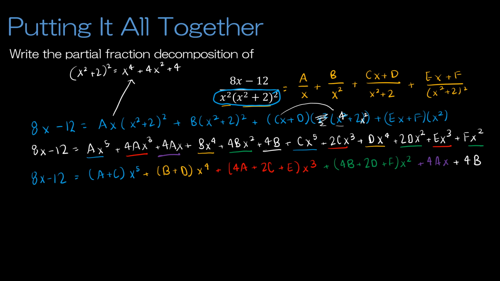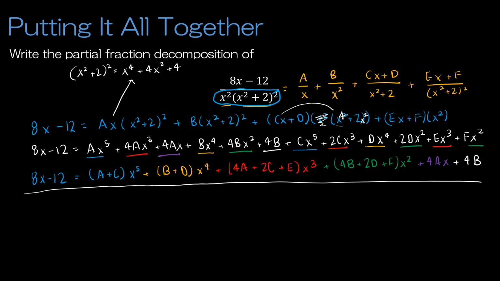Now, here's the first thing that's going to happen. There are no x to the fifth powers, so a plus c is equal to 0. So that's one equation. There's no x to the fourths over on this side. So again, that's b plus d is equal to 0. So that's going to help us once we start knowing what one of the values is. We can find the other value.